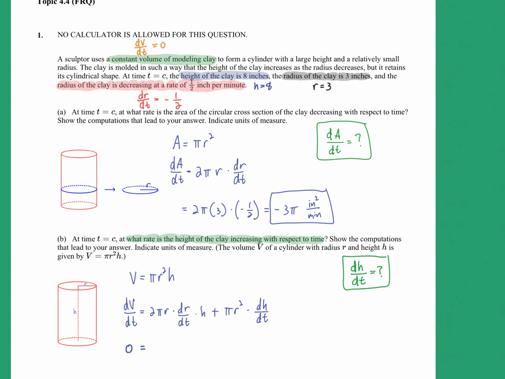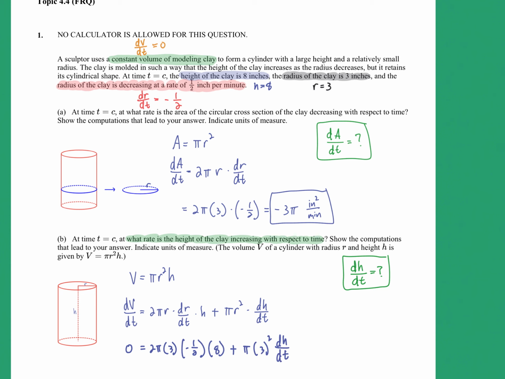And then 2 pi, and r was 3 up there. dr/dt is negative a half. And then h is 8. Just looking at all this information up here. Plus pi, and then r, 3 squared, and then dh/dt.